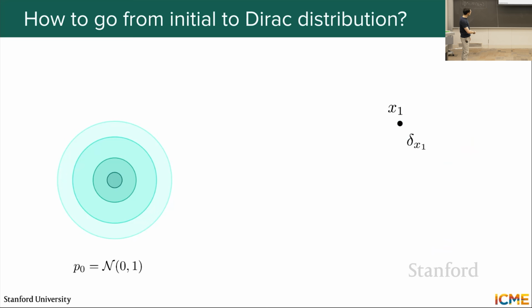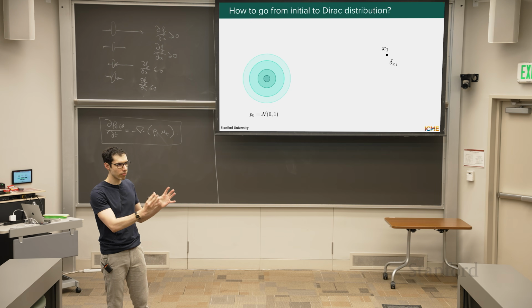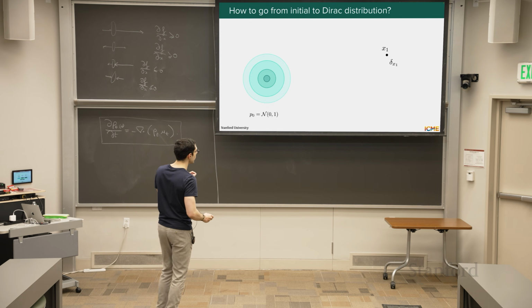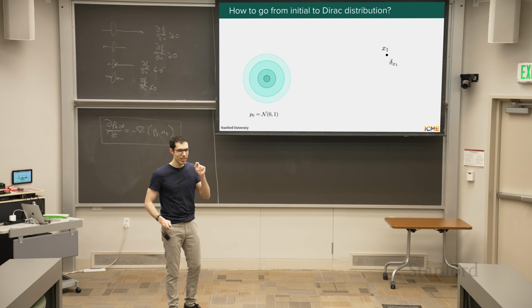So what if instead we simplify our problem and we ask ourselves how we can transport the initial data distribution not to the target one, but to a single point? How about if we just move our whole data distribution from initial to a single point? And here I noted the single point with the distribution delta x1.